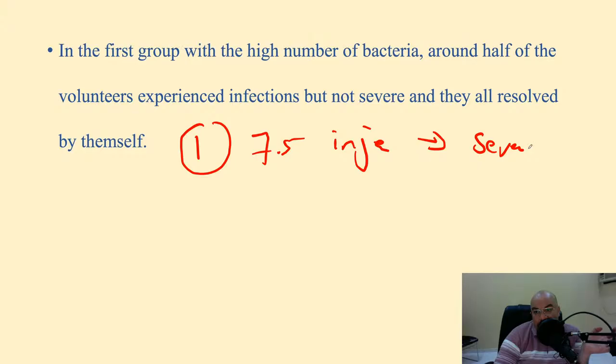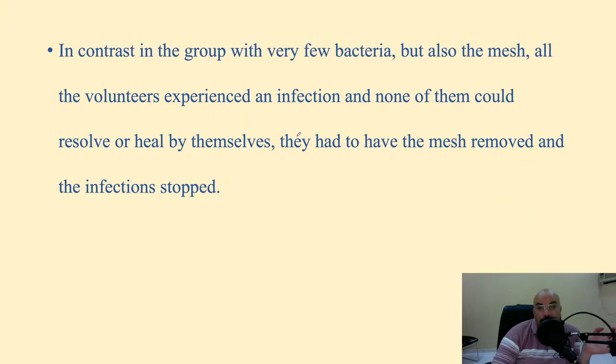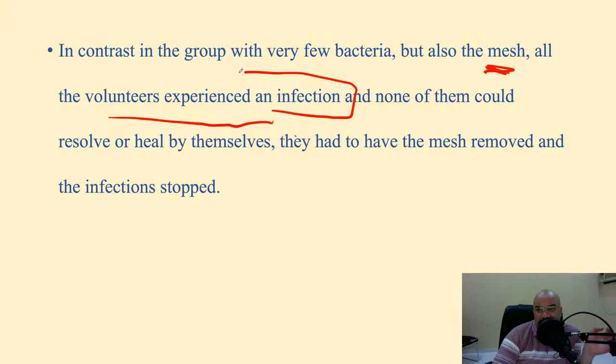Some of them got mild symptoms, and all of them resolved. But in the group that had it on the gauze mesh, all volunteers, 100 percent, experienced an infection with severe signs and symptoms. Some of them needed hospitalization, and a number of them needed surgical intervention to remove the mesh.